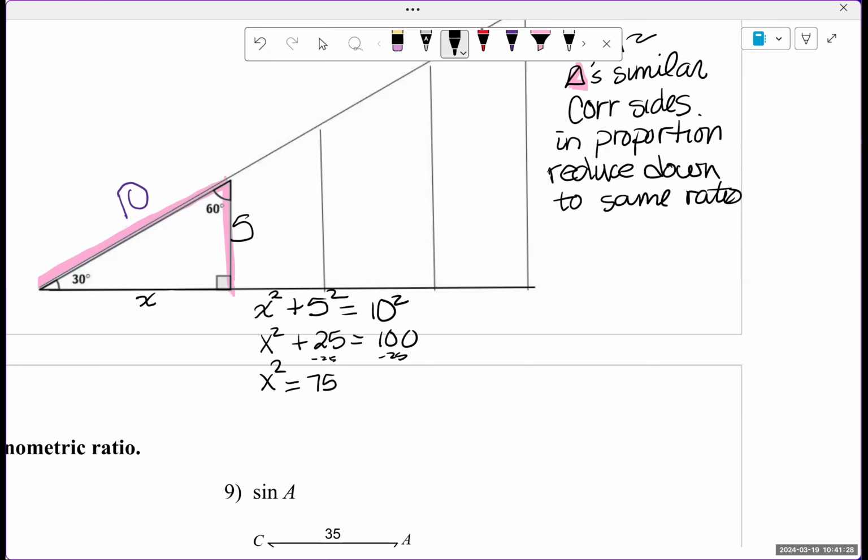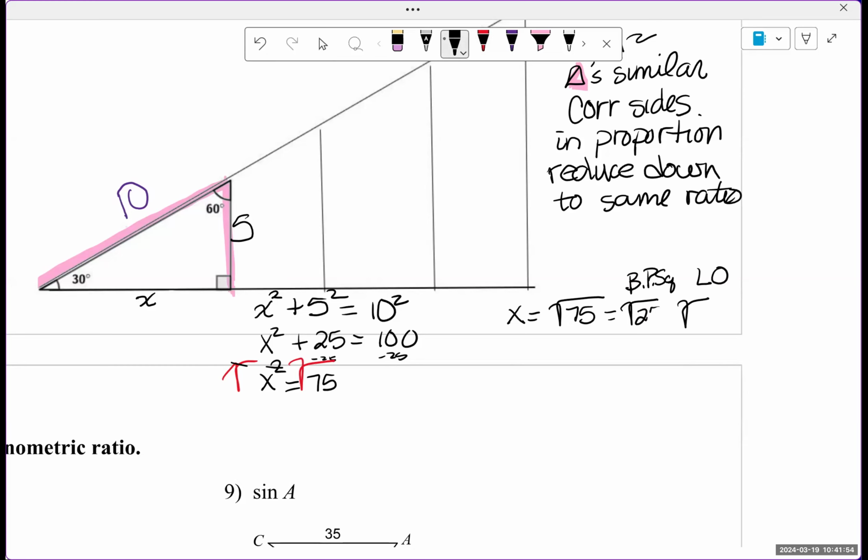The opposite of squaring is square root. Square root and square cancel. Now, square root of 75. I need the biggest perfect square and the leftovers.